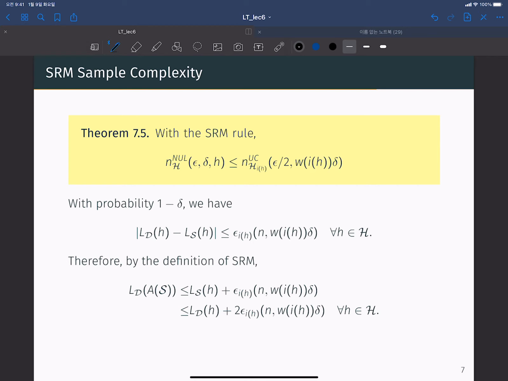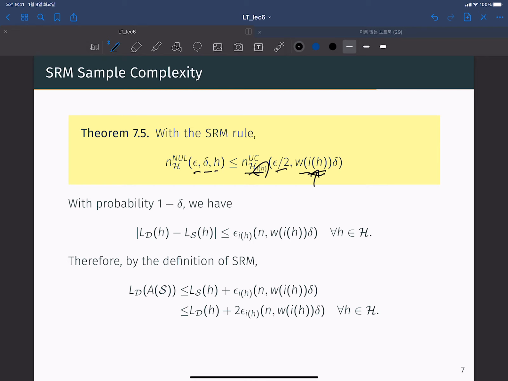So this is the SRM rule result. Basically, the sample complexity of non-uniform learnability, m^{NUL}(epsilon, delta, h), is less than or equal to the sample complexity function for uniform learnability for the hypothesis set H_{i(h)}, with parameter epsilon over 2 and the weight function for the index i(h) times delta.